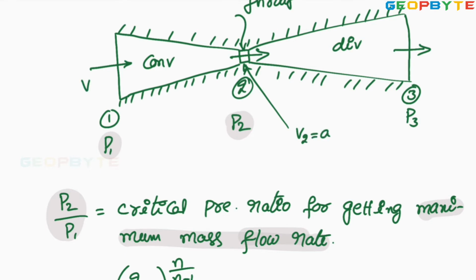The initial velocity may be V1, the exit velocity may be V3. Now remember, this V3 is more than sound velocity and this V1 is less than sound velocity. Therefore, you find subsonic flow in the converging section.